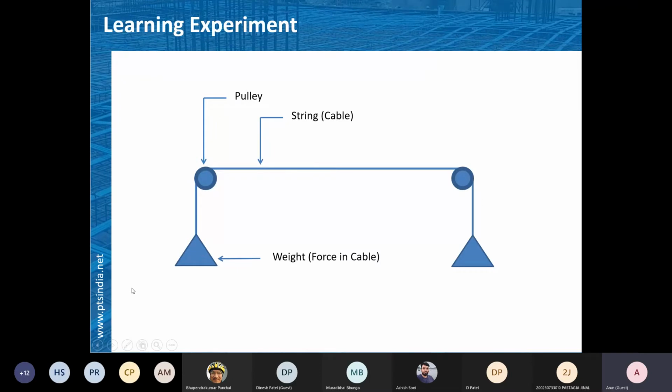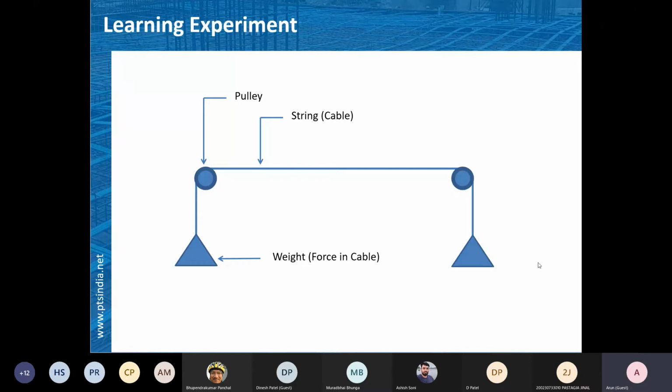By virtue of this weight, there will be a force in the cable, and that is of tension nature, right? Due to that tensile force in the cable, the string or cable will remain straight. If there is no force, then the cable will sag because of its self weight and gravity.